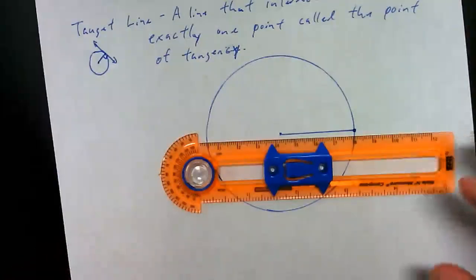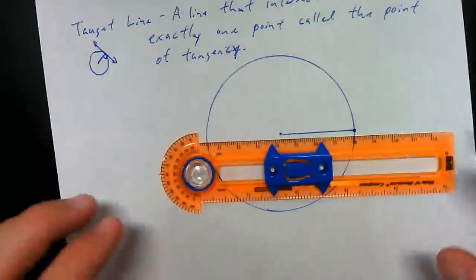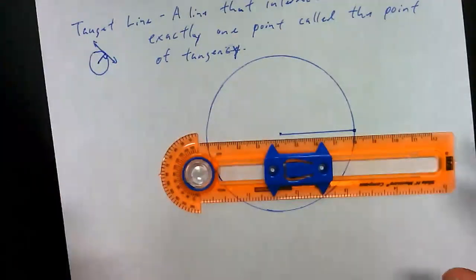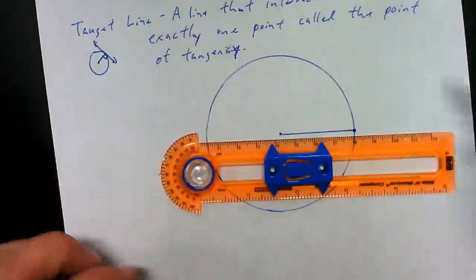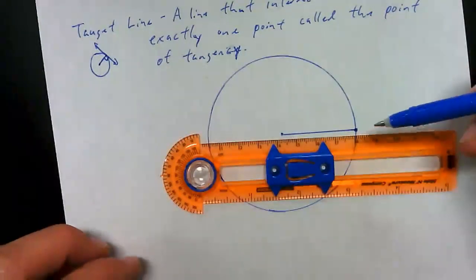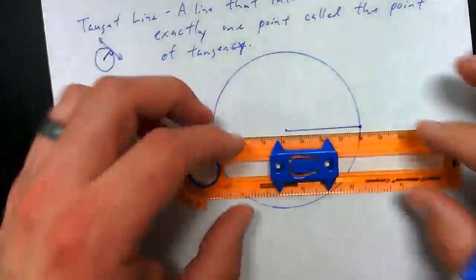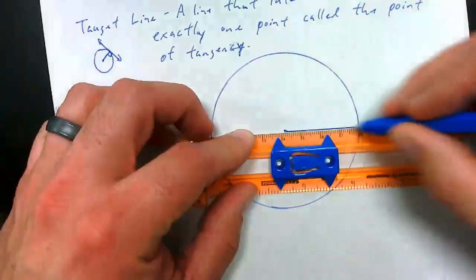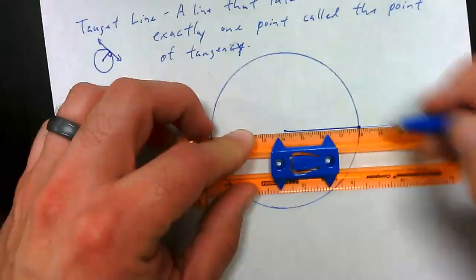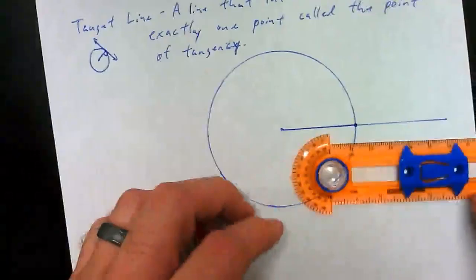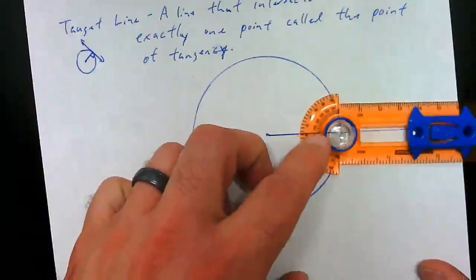Now, there are several different ways that you can do this next step. What I recommend doing, since we already have the setting in our compass, again, there is more than one way that we can draw a perpendicular line through this point. One of the easiest ways would be to continue this line that we just drew all the way out, so that it's at least double the length that we currently have, so that with the setting that we have on our compass, we can mark it off again.